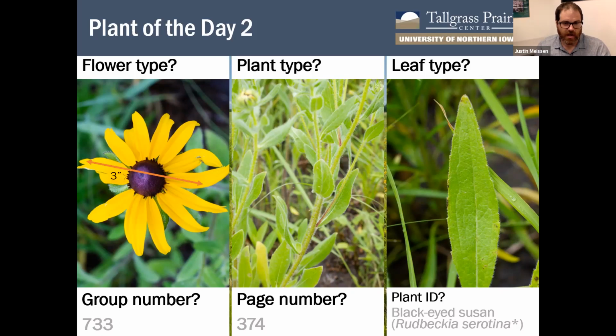And that's black-eyed Susan. Now, note on Newcomb's here that the accepted scientific name is Rudbeckia hirta rather than Rudbeckia serotina. So remember, if the scientific names are giving you trouble, just check on the plants database for confirmation.